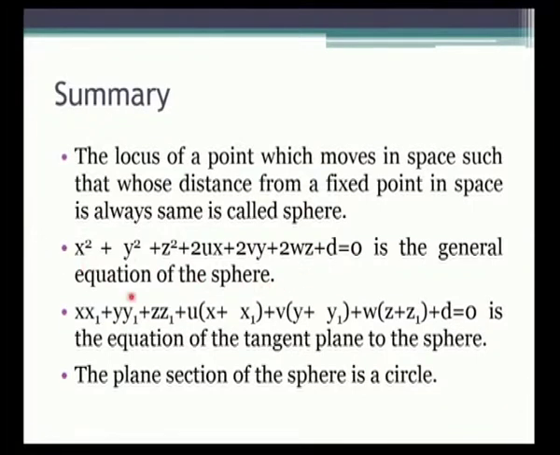Then the tangent plane to the sphere is given as x x1 plus y y1 plus z z1 plus u into (x plus x1) plus v into (y plus y1) plus w into (z plus z1) plus d is equal to 0. Then the plane section of the sphere is a circle. These are all the concepts we discussed in this lecture.